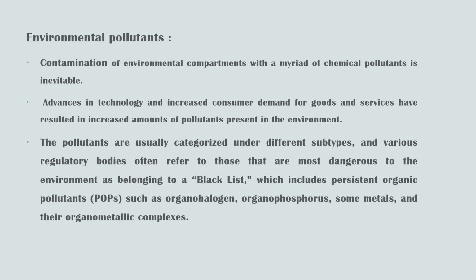These pollutants are usually categorized into different types by the way they affect the environment, and the regulatory bodies have listed the most dangerous substances as blacklist substances. This blacklist includes persistent organic pollutants such as organohalogen, organophosphorus, and some heavy metals and other organometallic complexes.